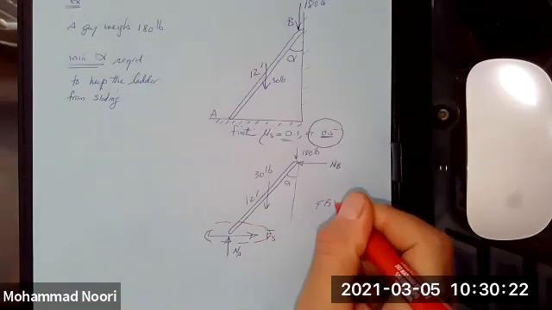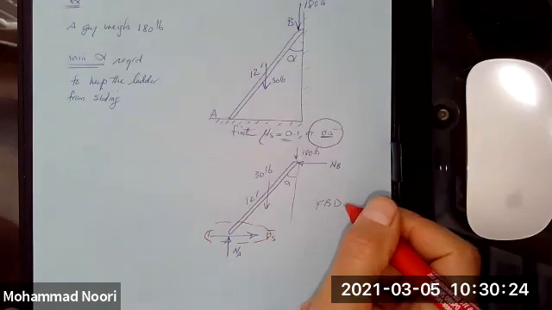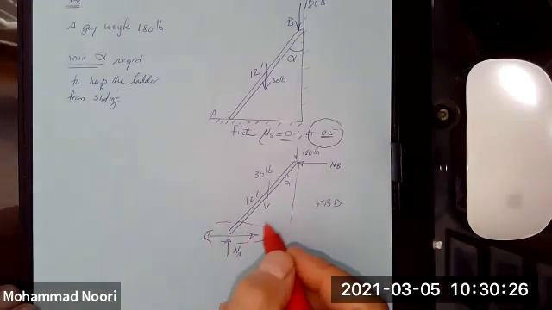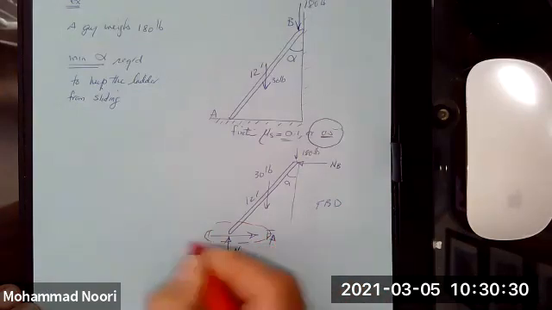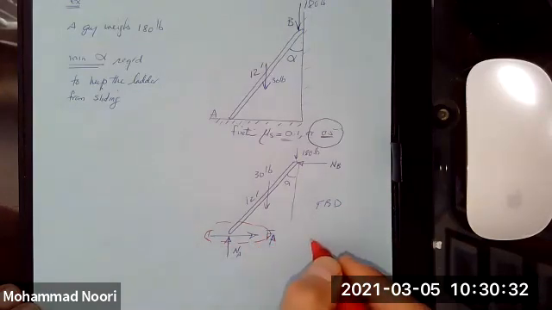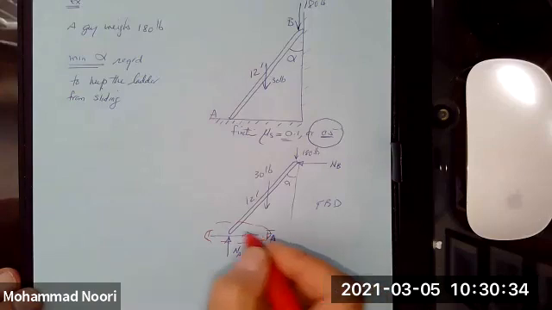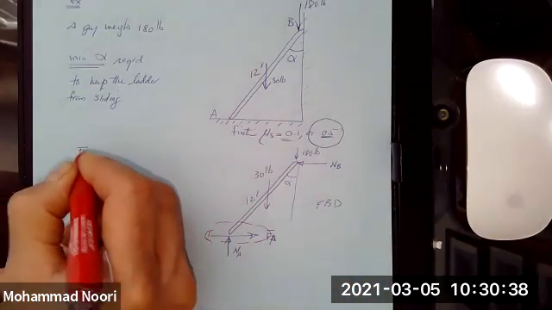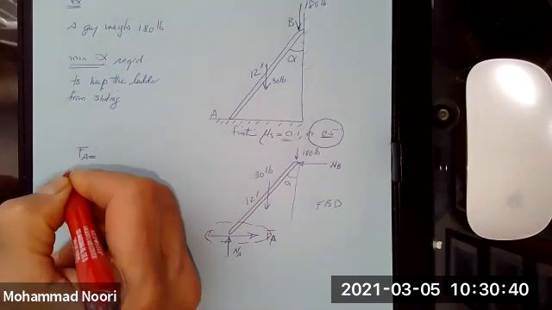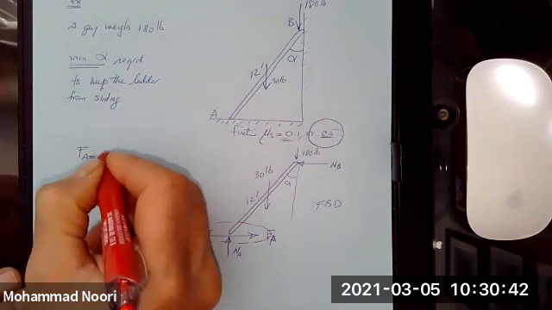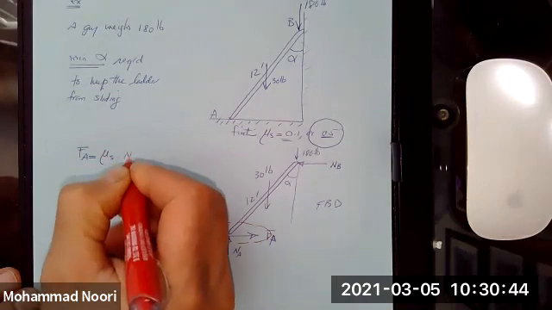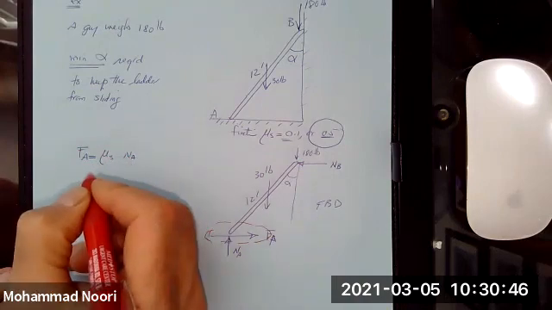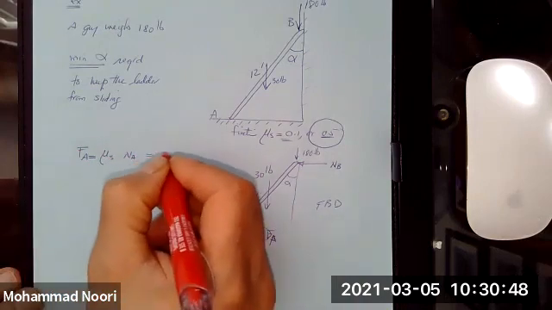This is a free body diagram. We do know this F at A, which is a friction force, is keeping this in equilibrium. So if this is in equilibrium, the maximum force that may develop would be μs times NA.